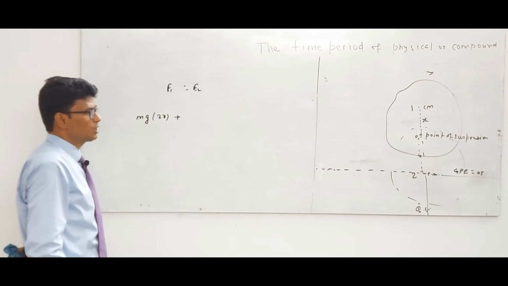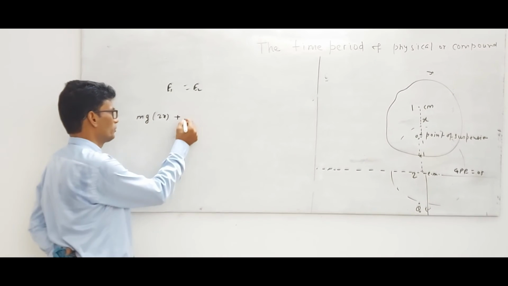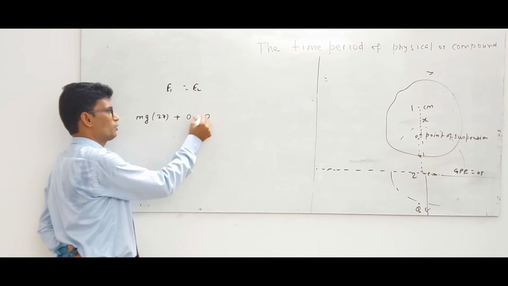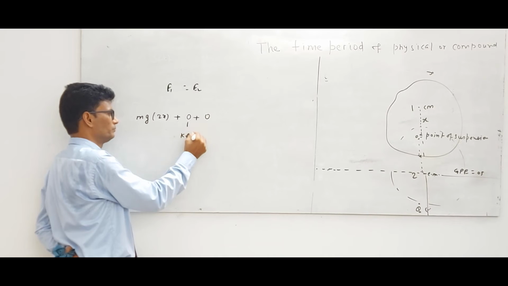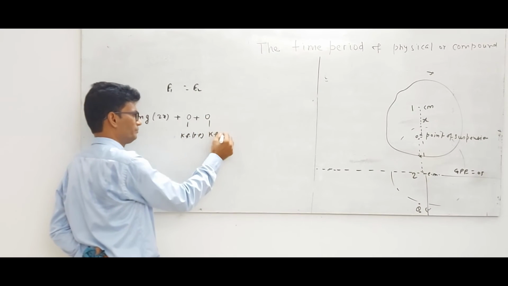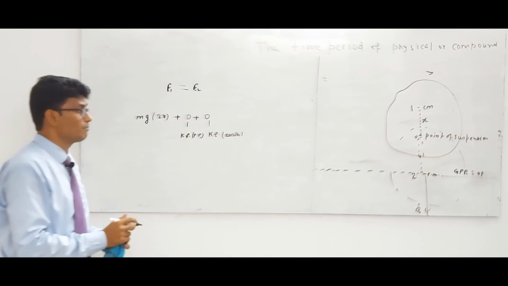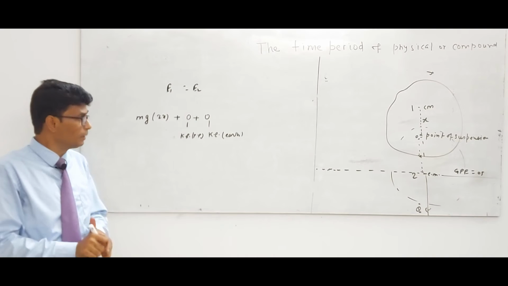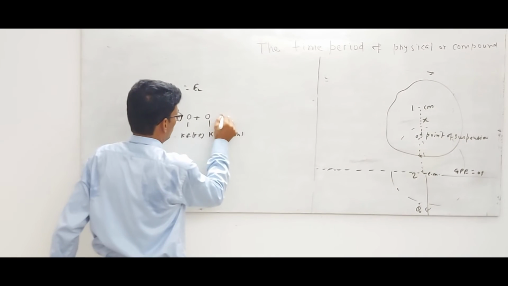What is the kinetic energy of the physical pendulum? It starts motion from rest, so it comes out to be 0. The Earth is supposed to be at rest, so its kinetic energy is 0 as well. Because my system is the physical pendulum and the Earth. This is equal to E2.